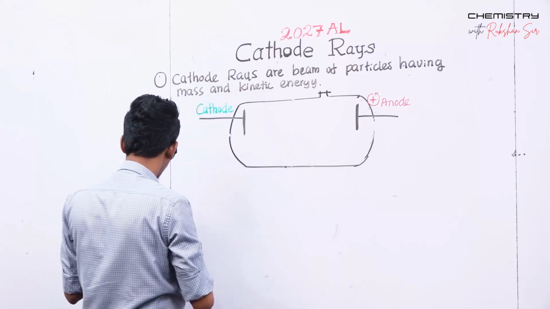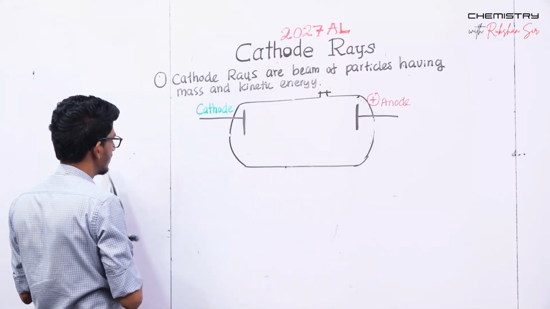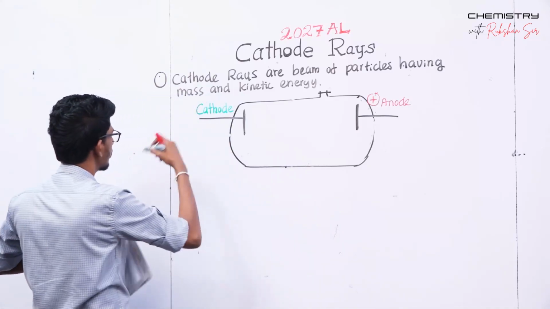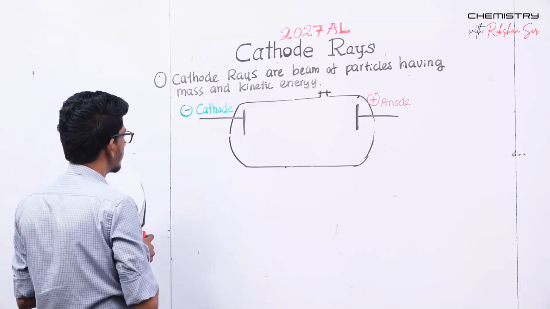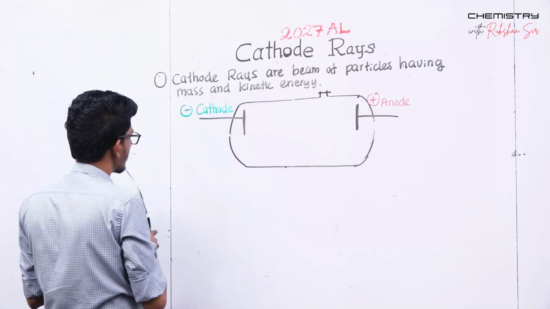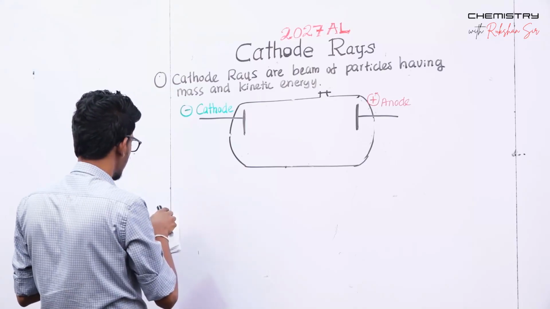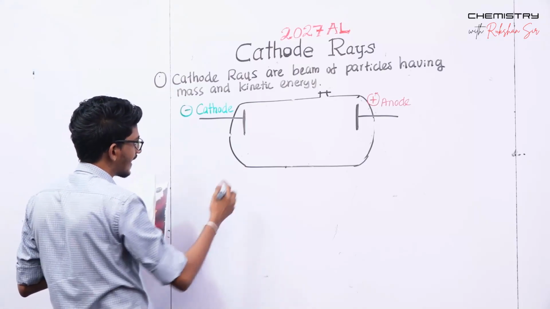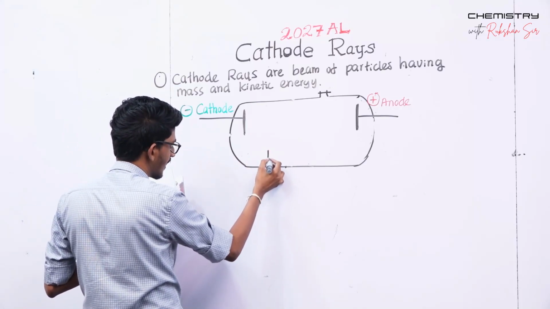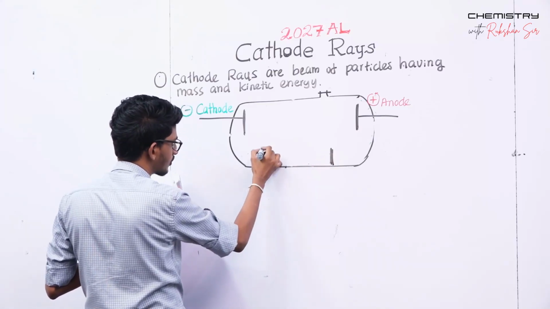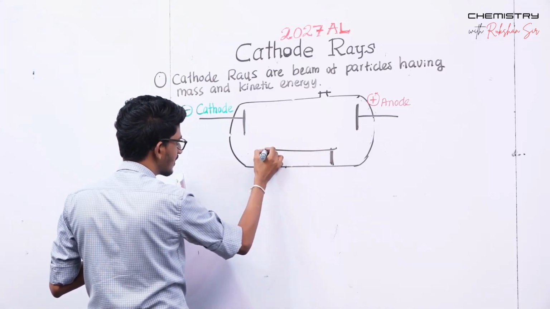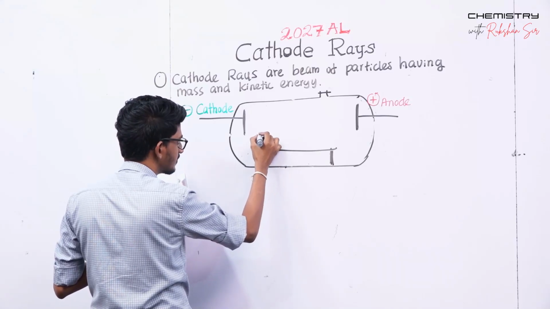And to observe this property, you need to place a light paddle wheel in the path of the cathode rays.